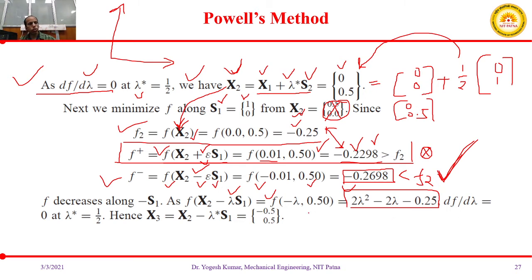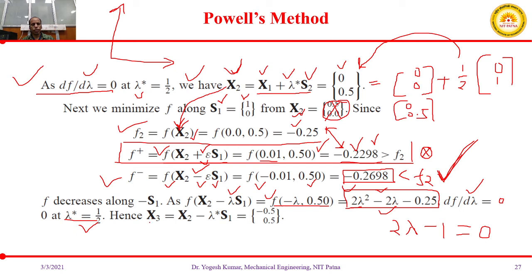Again, because you are supposed to get the minimum of this function, you will take the first derivative and equate it equal to 0. So you will have 2 lambda minus 1 equal to 0, and again you will get the value of lambda, which is equal to 1 by 2.